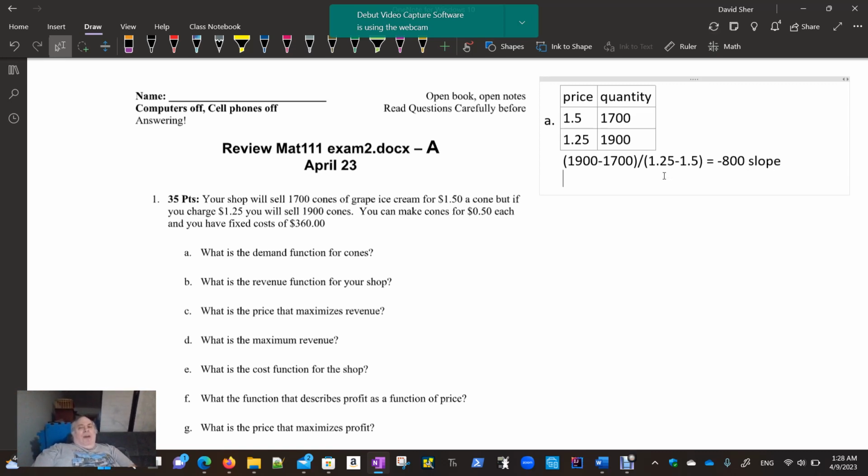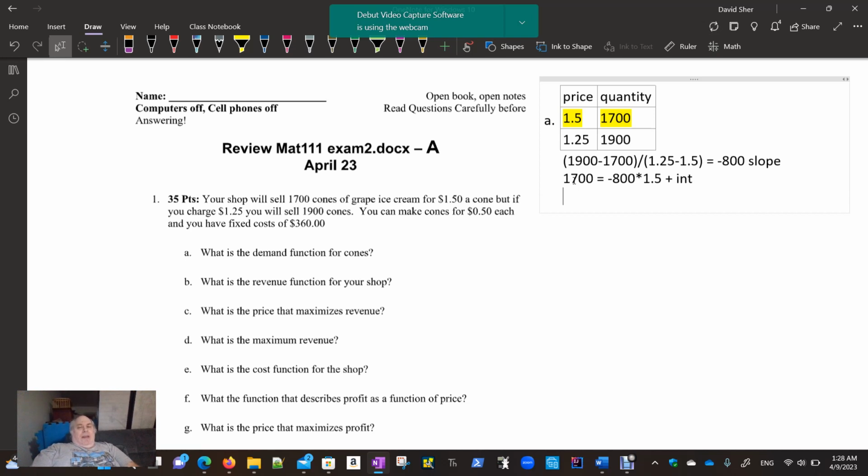So, at this point, I've got to get the intercept. And so I'm going to use the first price and quantity because the numbers are slightly easier. So I'm going to get the quantity, 1700, is going to equal the slope we got, minus 800, times the price associated with it, 1.5, plus the intercept.